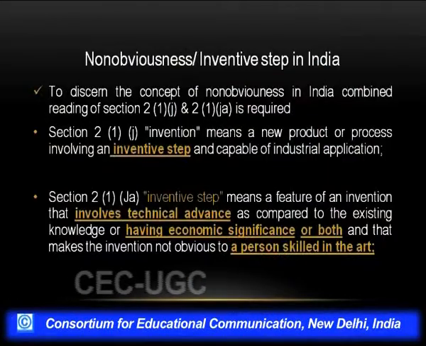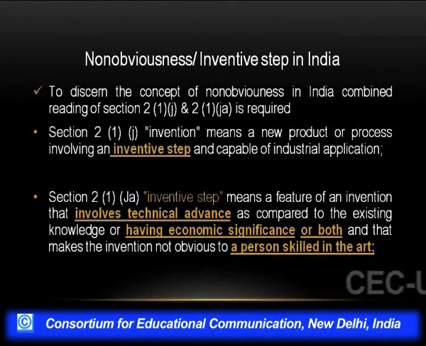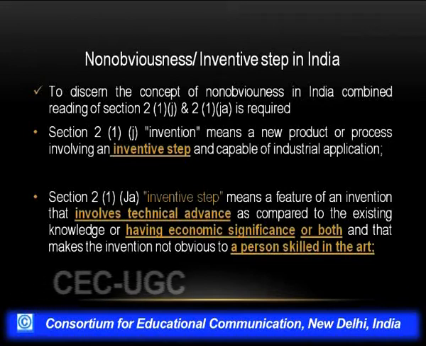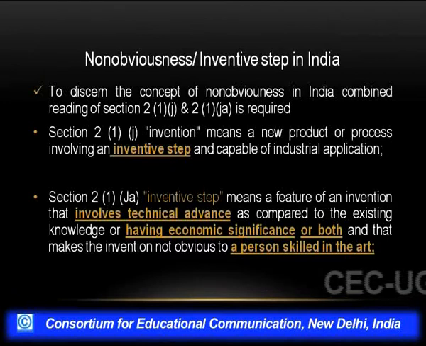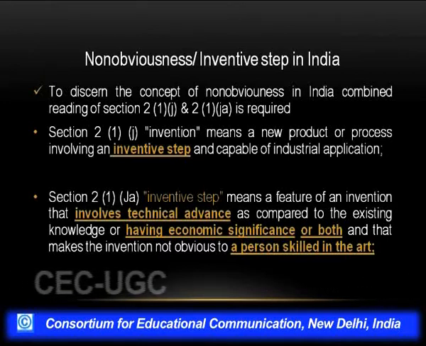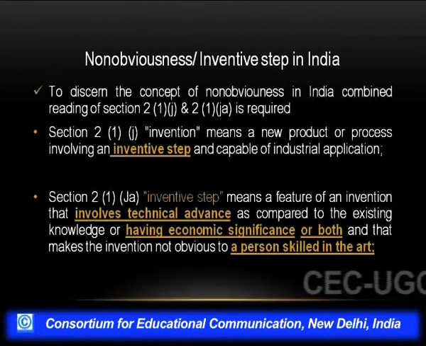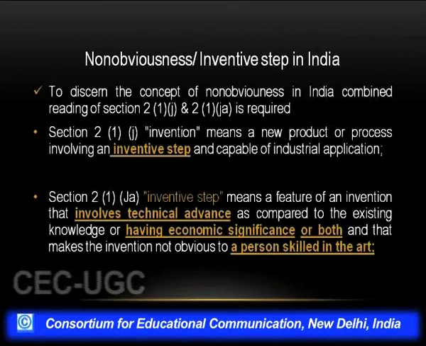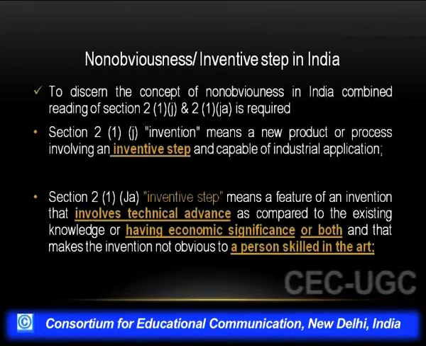Another thing to be noticed by the viewers in the last part of this slide under section 21JA, in the later part of this language, is that it makes the invention not obvious to a person skilled in the art. Friends, as demarcated by me at the end of this 21JA, the concerned invention must involve a technical advancement or an economic significance, and that is not obvious to a person skilled in the art.